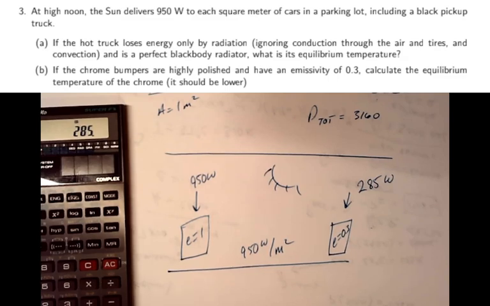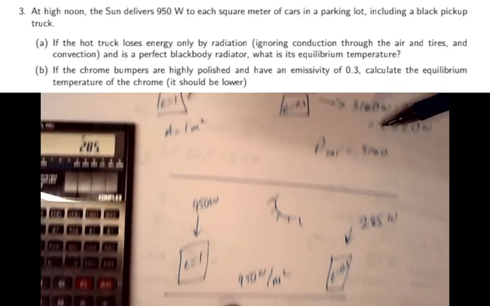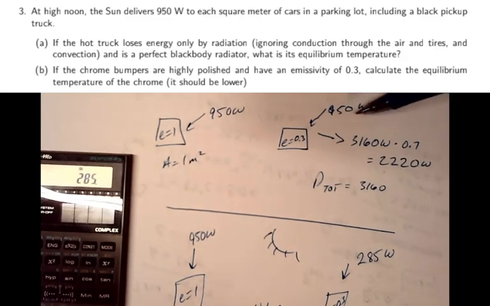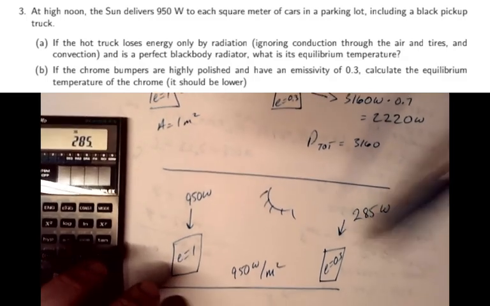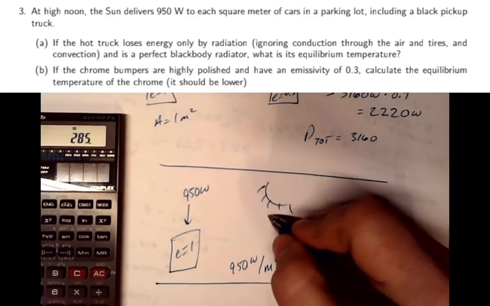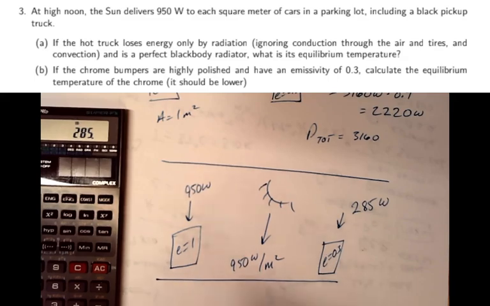So if the chrome actually absorbed 950 watts, the temperature would be a lot higher because there'd be more energy, and it's absorbing the full 950. But if 950 is what the sun puts out, and then you have two objects and you're comparing them, well, the chrome absorbs less. It doesn't absorb the 950. So you have to be careful there.